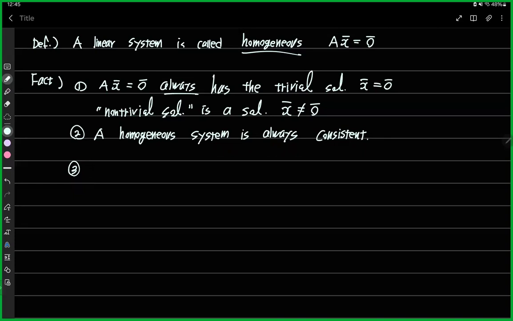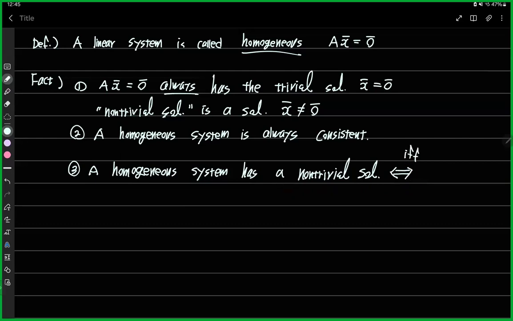Third one: a homogeneous system has a non-trivial solution if and only if the system has at least one free variable. Sometimes we write it as IFF, which stands for if and only if.